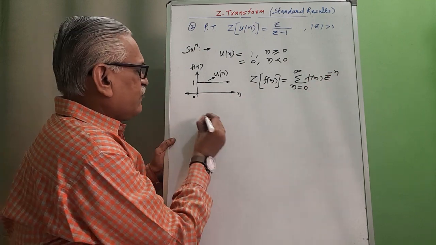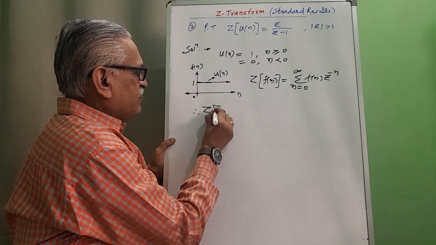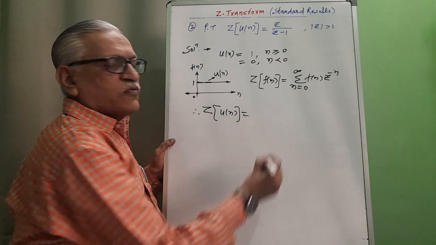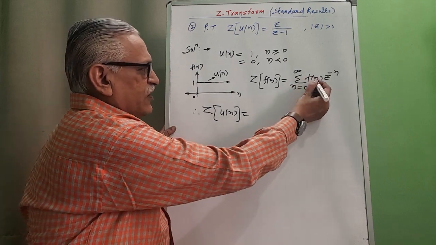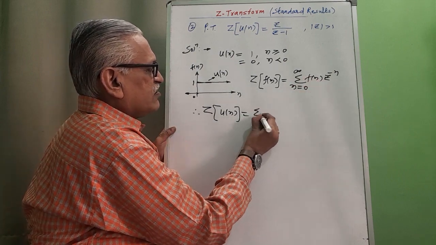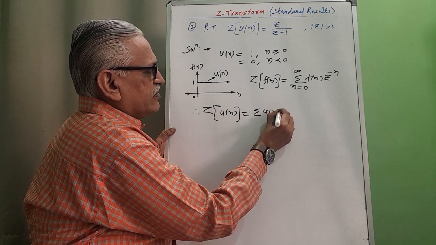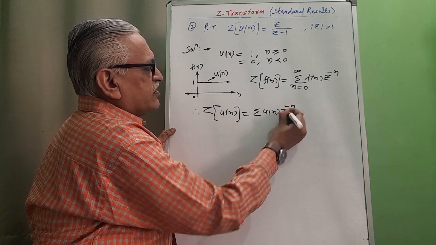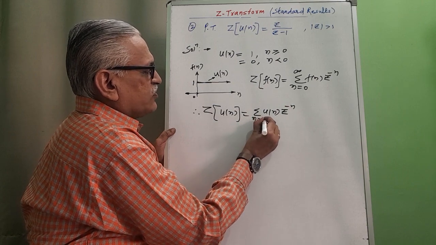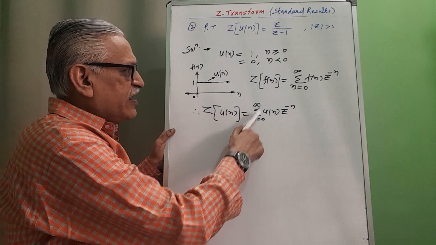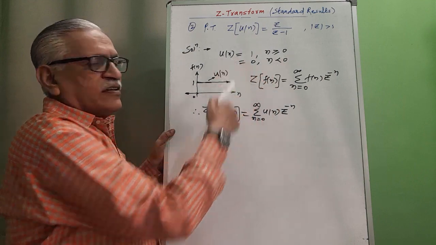And therefore Z transform of unit step function u of n is equal to summation of u of n into z raised to minus n, n from 0 to infinity. In that range the value is 1 here.